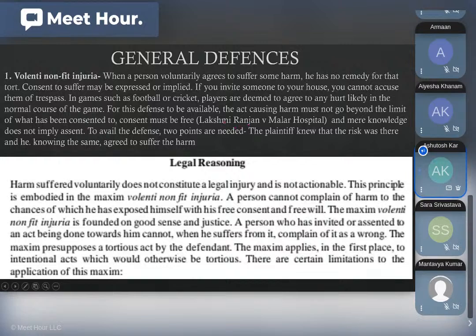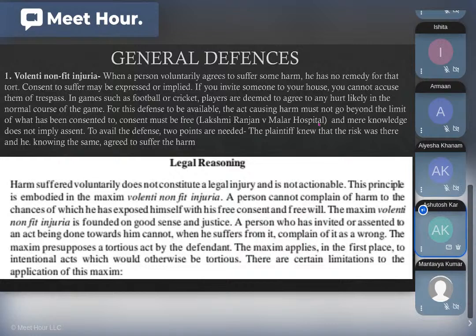This is the case Lakshmi Ranjan versus Malar Hospital. A lady who was under surgery woke up and realized that the hospital had removed her uterus. So here she was infuriated, of course. The court found Malar Hospital Limited liable for inadequate service and unauthorized medical intervention.